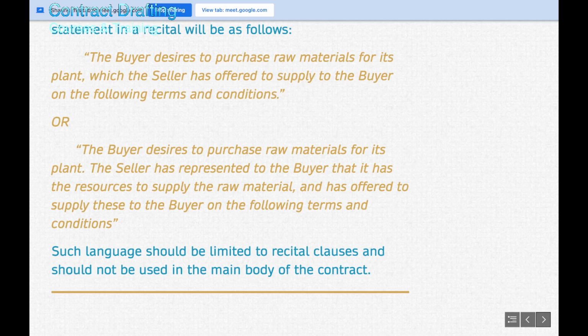So this kind of language is limited to recital clauses, and it should not be used in the main body of the contract. An additional suggestion is to avoid clubbing this kind of language with the representations or warranties. They should be covered as a separate section in a contract.